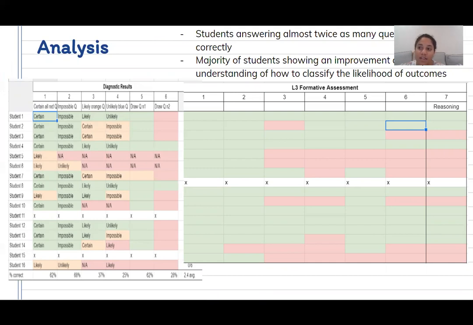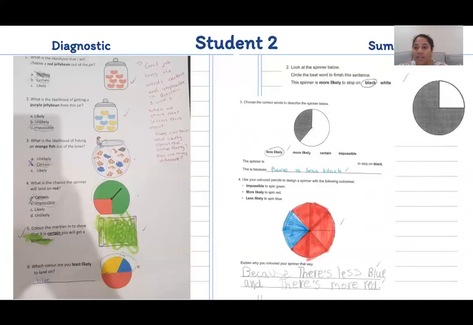So students were also answering an average of just over 4 questions correctly, which was compared to the just over 2, even taking into account the extra question on the second formative assessment, was still a really big improvement. So I also saw a reflection of these results in the summative assessment that the students did with me.